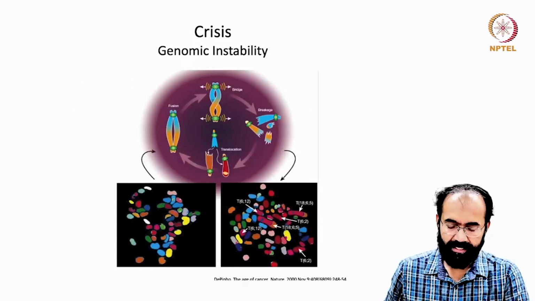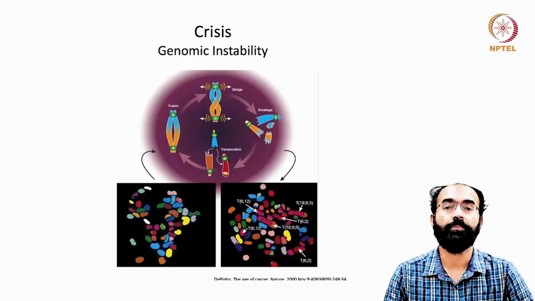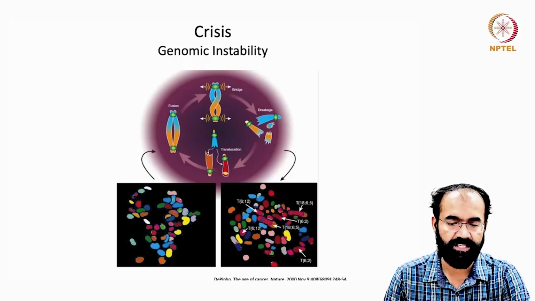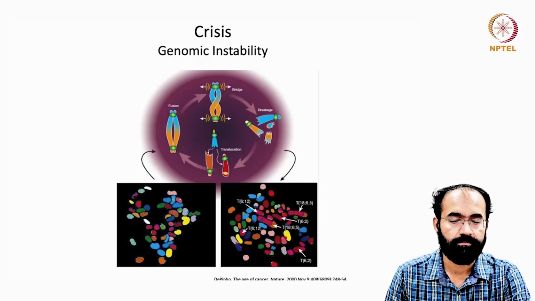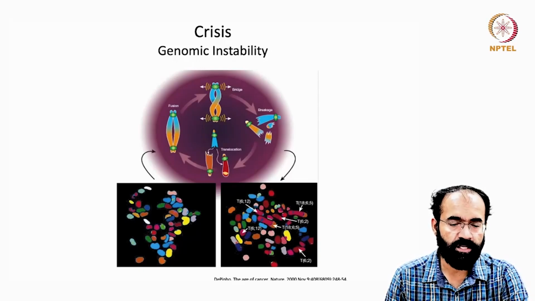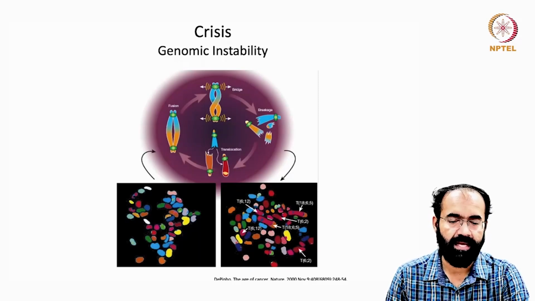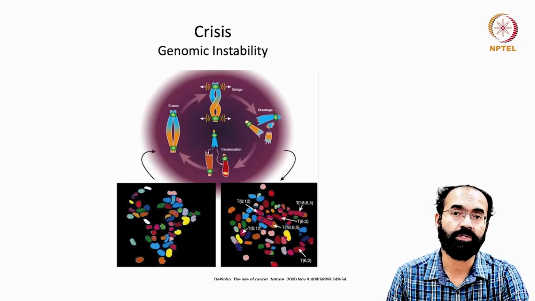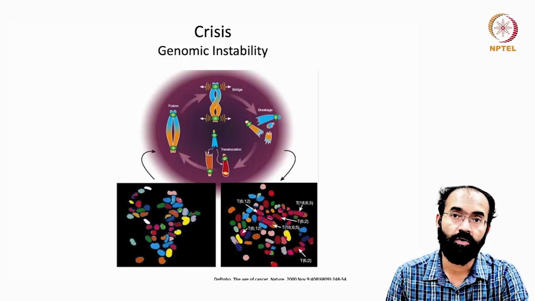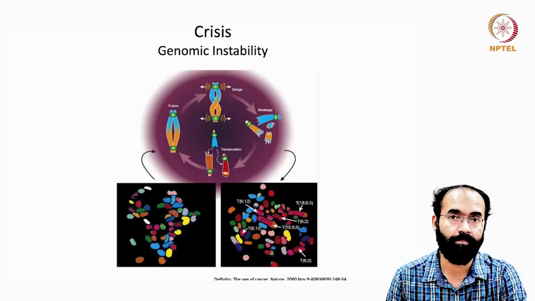So let us look at genomic instability from a different angle, as you see in this picture. Here you have chromosomes which are fused, because of which you have 2 centromeres, and when the bridge is trying to pull them apart, the chromosome will break, and this broken chromosome will enhance the fusion further, because they can fuse again, or get attached, or get recombined elsewhere.